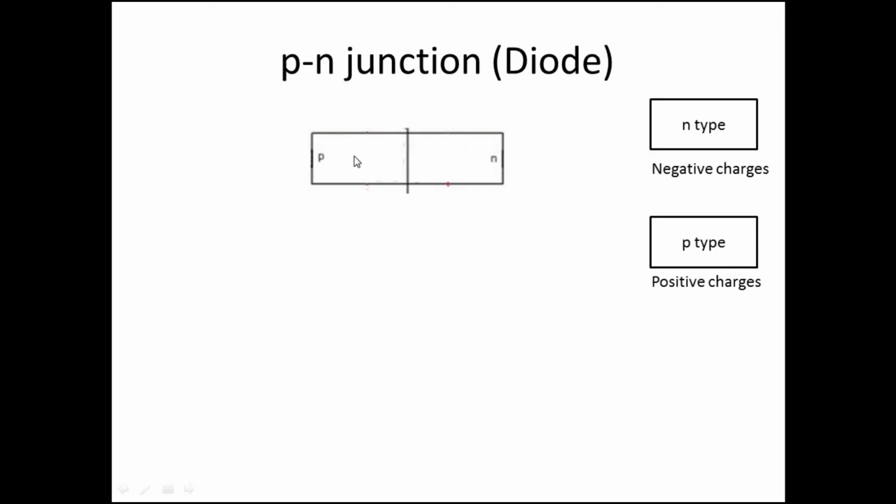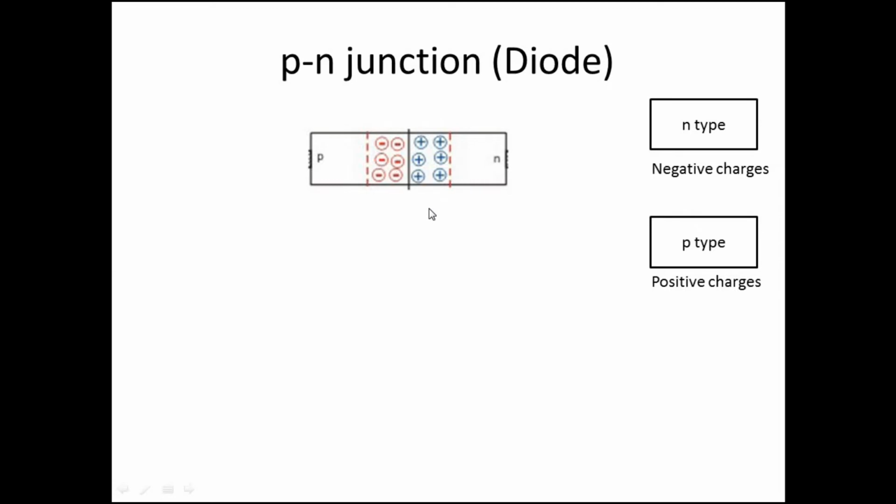The positive charges from P will diffuse to N, and negative charges from N will diffuse to the P region. When positive charge diffuses from P, there will be a negative charge left here, and when negative charge diffuses from N, there will be a positive charge left here.